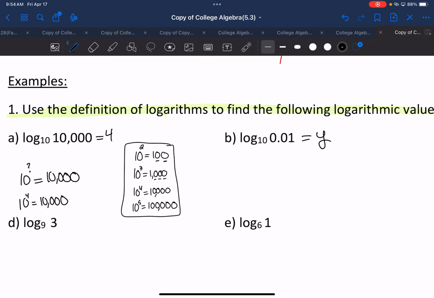For this one, I am going to set this equal to some unknown variable because I don't know what it's equal to right now. And then I'm going to transform it into its exponential form. So I start with the base of 10, and it gets raised to that unknown exponent of y, and then it would be equal to 0.01.